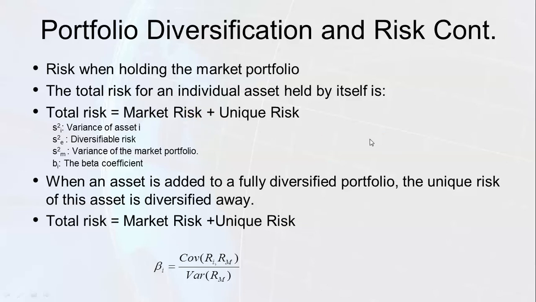Okay, the capital asset pricing model, CAPM, actually uses the same concept. It explains the relationship between risk and return, but the measure of risk in CAPM is beta. Since unique risk is diversified away, standard deviation is not relevant.